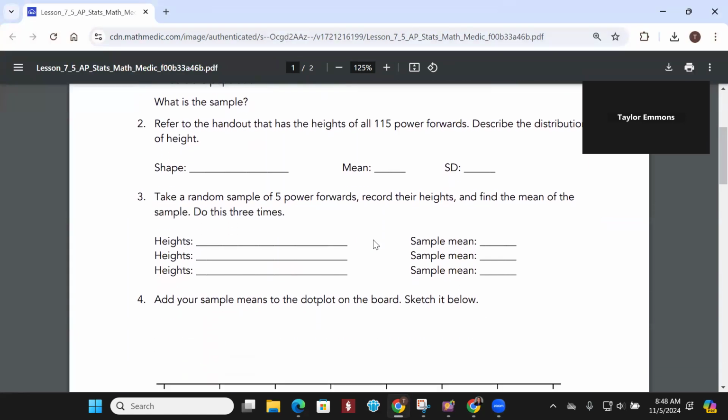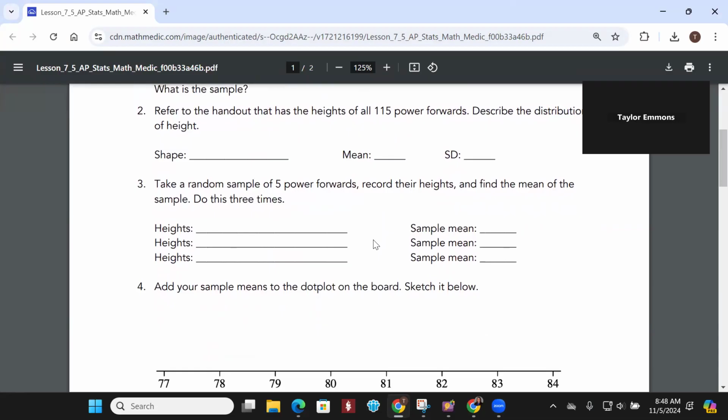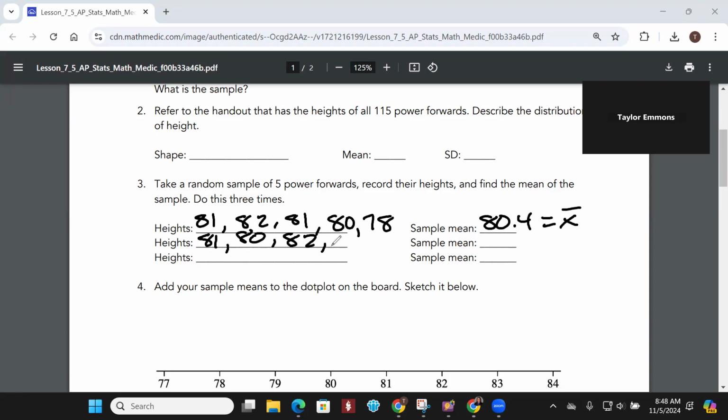Take a random sample of 5 power forwards, record their heights, and find the mean of the sample. Do that 3 times. So you can do this on your own, or since I have stopped trusting y'all with samples, here's that one with our mean of 80.4. And on the next one, we got 81, 80, 82, 78, and 83, and that's going to have a mean of 80.8.